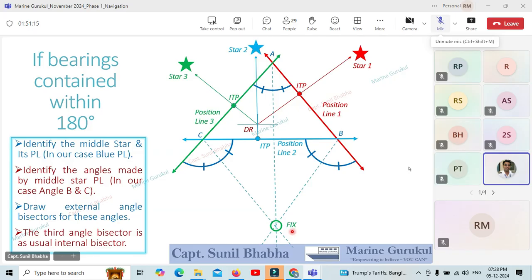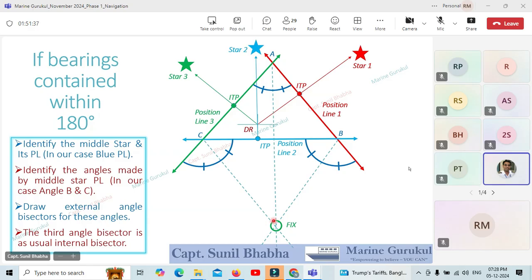Important thing to see here is that the fix in this case will always be outside the triangle or outside the cocked hat. In the first scenario, where the bearings were not contained within 180, the fix was inside the triangle or inside the cocked hat.